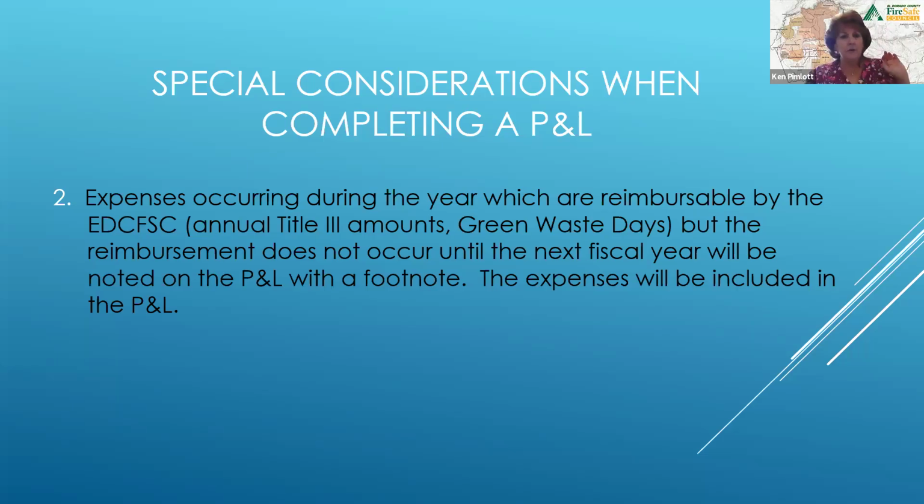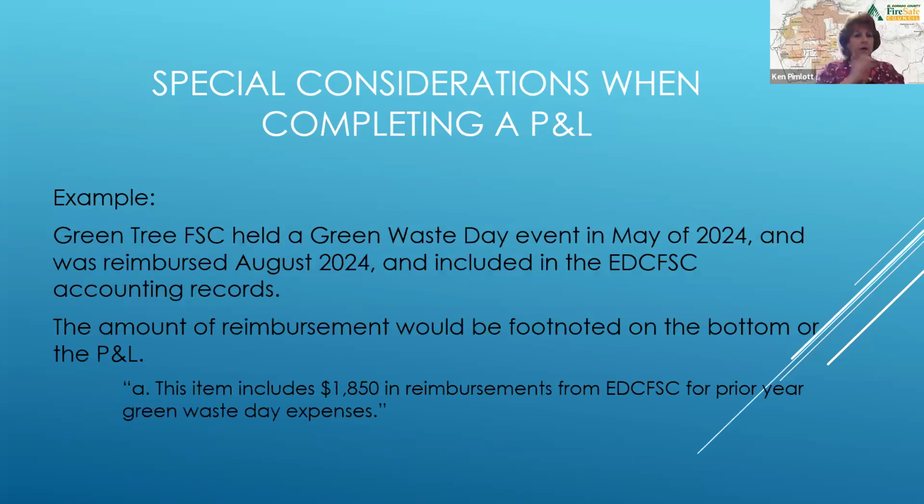So, for example, you held the green waste day in May and you were not reimbursed until August. So this is the reimbursement side. In the prior year, you held the green waste day, and then in the current year, you were reimbursed.